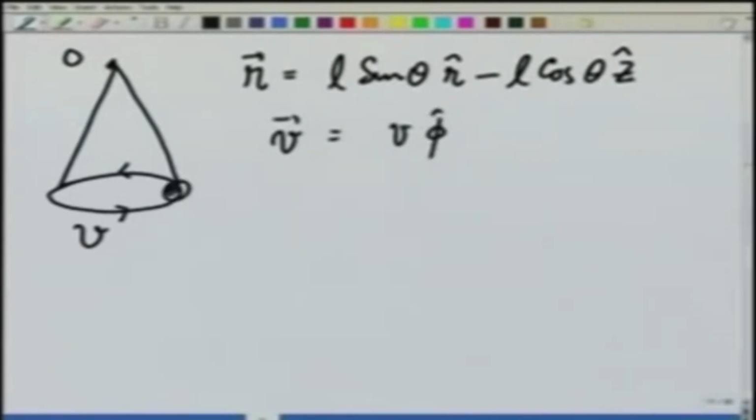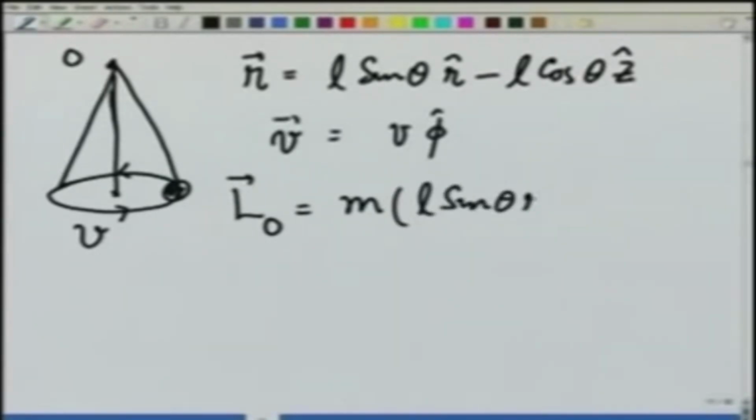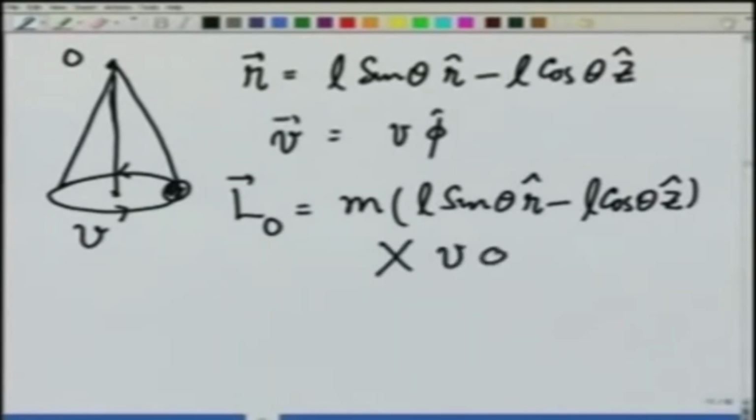This is the bob. This is where point A is, and therefore, the angular momentum L about O is going to be m times L sin theta r minus L cosine theta z cross v phi.